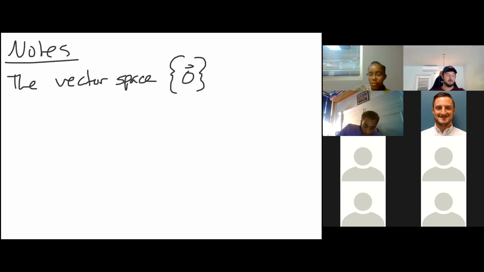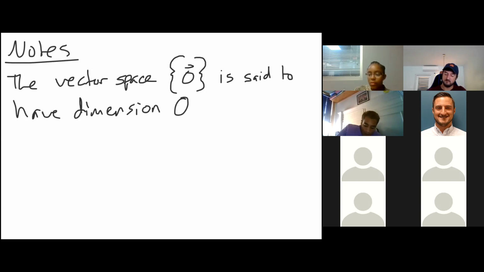But this vector space is said to have dimension 0. That's just a common thing. It's a way that we can talk about zeros. And the only time your space should have dimension 0 is if it only contains the 0 vector. Otherwise, it's going to have at least dimension 1. So that's the first thing.